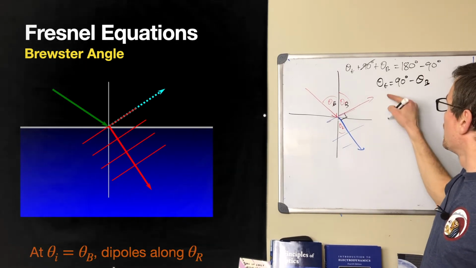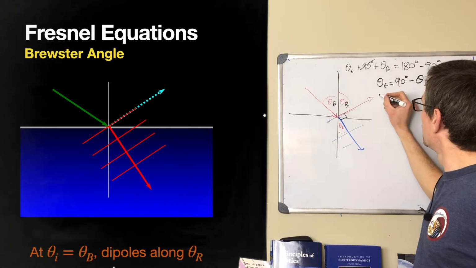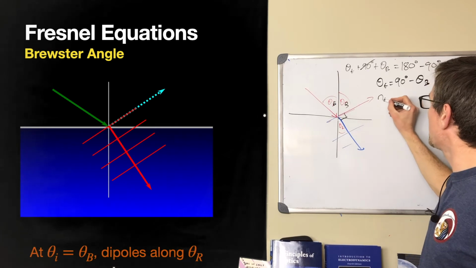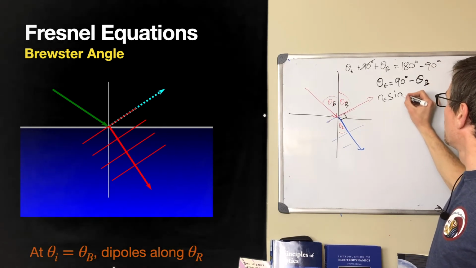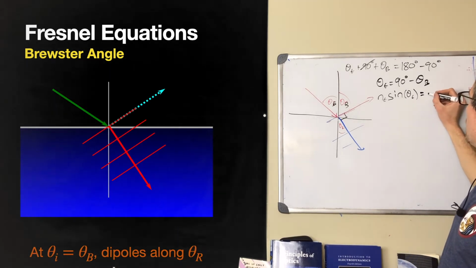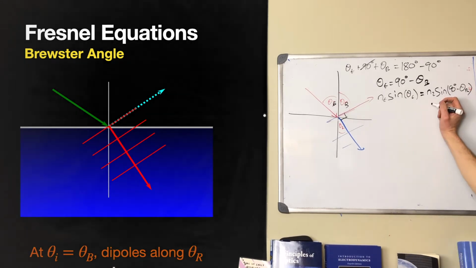If this is true, I can take the sine of both sides and multiply, say, by nt. So I'm going to have nt times sine of theta t is equal to nt times sine of the other side, 90 degrees minus theta b. Okay?